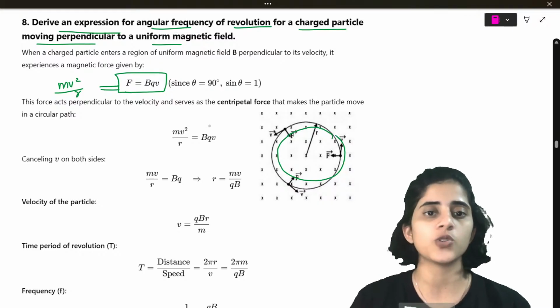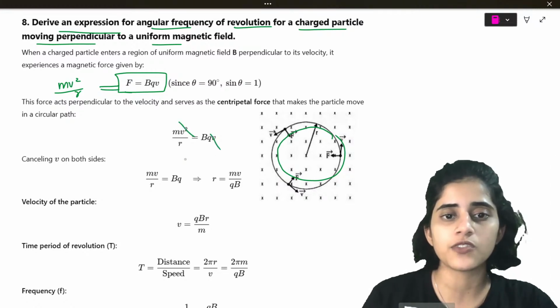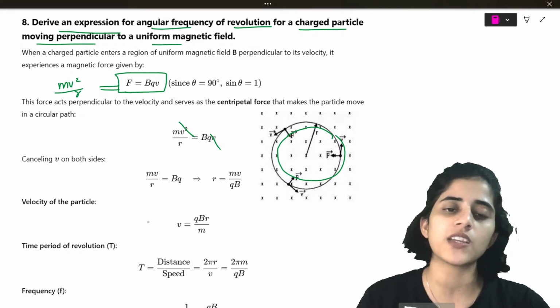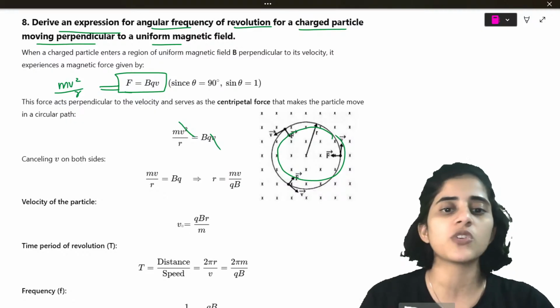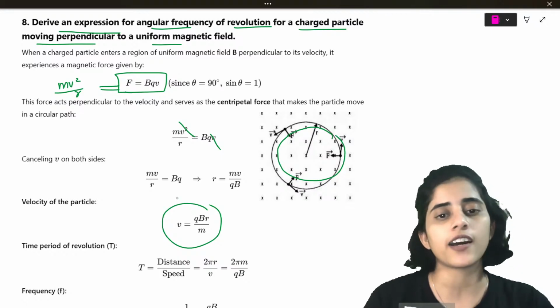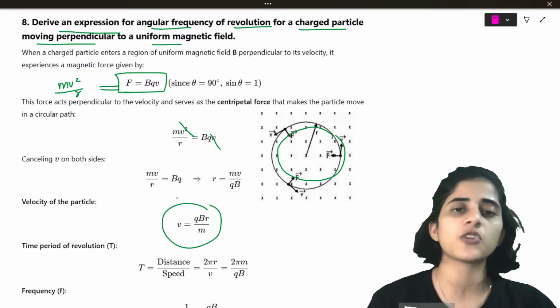V and V will cancel. So mv by r is BQ, and r is going to be mv by BQ. Rearranging, you will get v as QBr by m. Simple mathematical substitution.